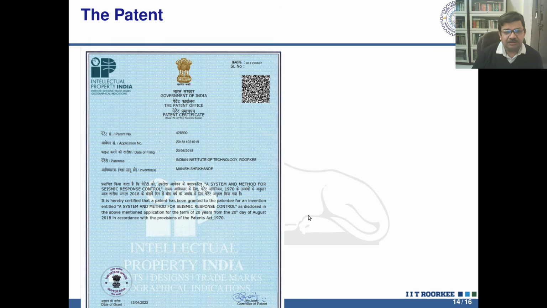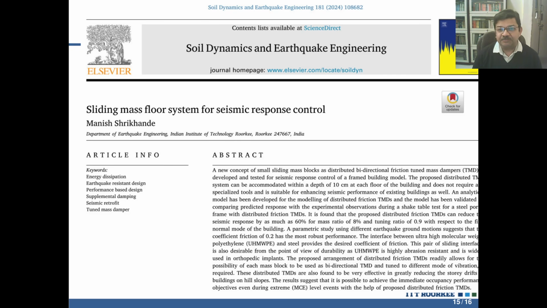And this particular technology has been granted a patent; the Institute has received this Indian patent from the Controller of Intellectual Property of India. This result is also published in Soil Dynamics and Earthquake Engineering, volume 181, 2024, last year.